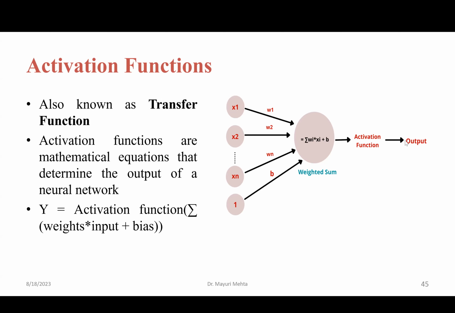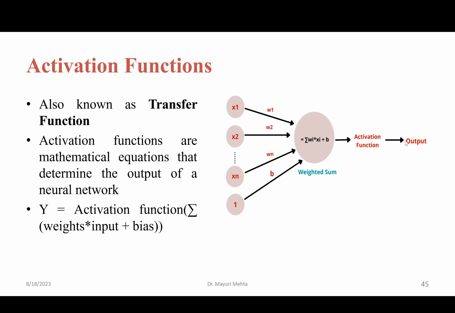Before we move further, let me tell you why we use activation functions in neural networks. These activation functions convert linear input signals to non-linear signals. Earlier, we discussed what is linear and what is non-linear.